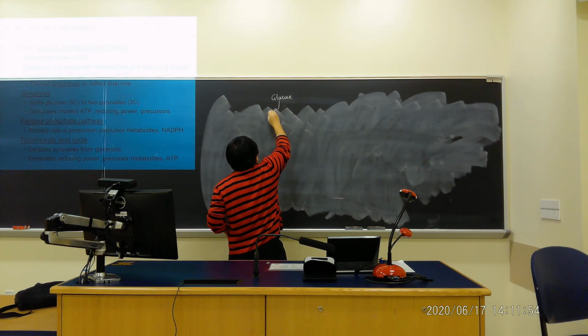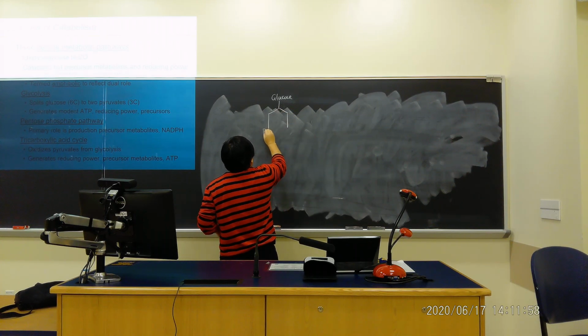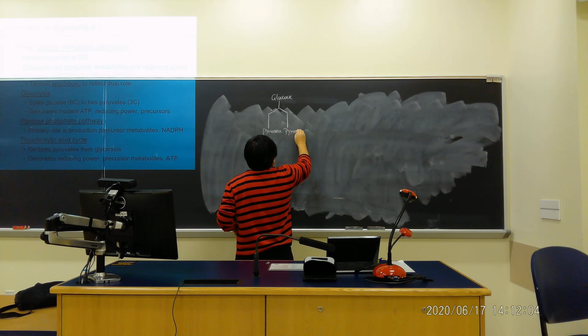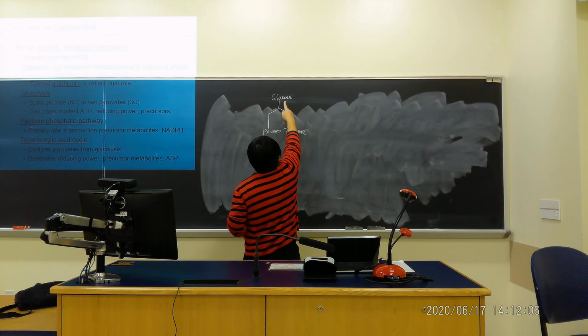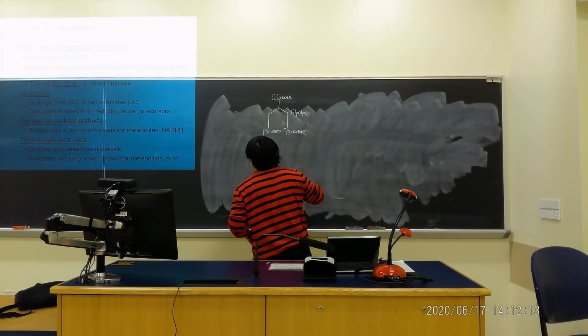This glucose will go down a branch and generate pyruvate. This is called glycolysis. And you know that.